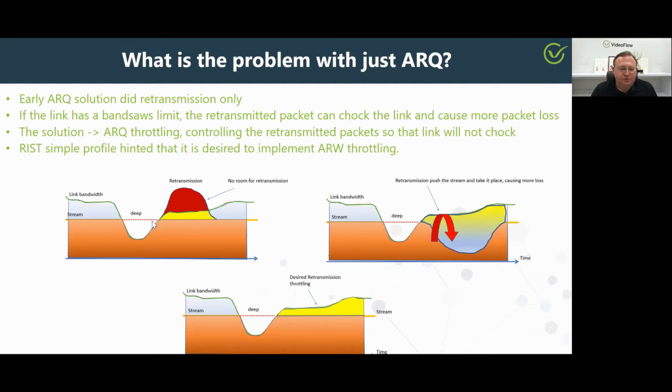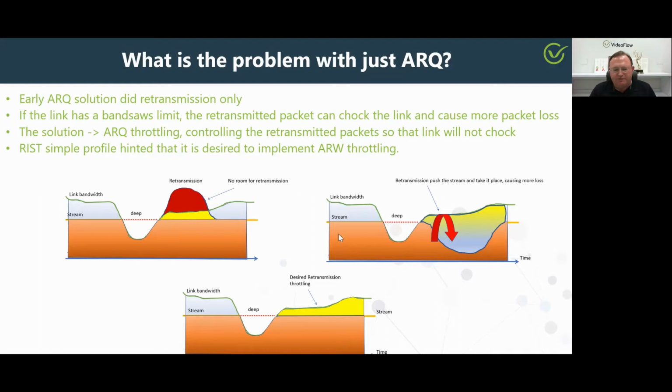This is where retransmissions kick in. We can see that in the yellow area, retransmissions start to react to the lost event. But the size of the depression is such that we need to have two areas. We need to have the yellow, which is contained in the link budget, but also the red one, which is the theoretical one, which cannot be sustained because there is no link there.